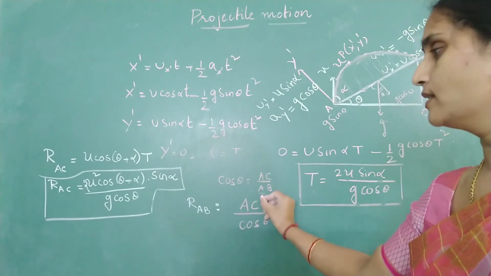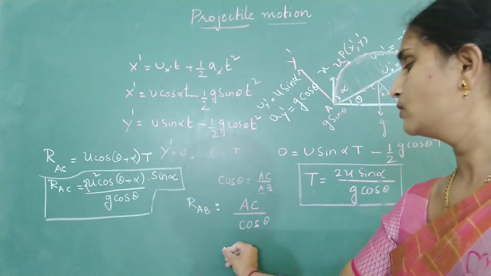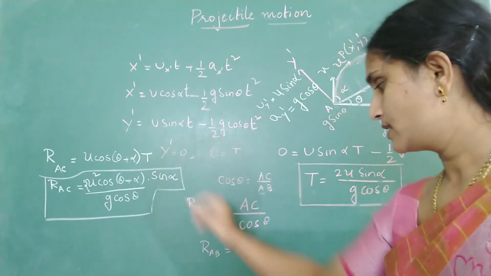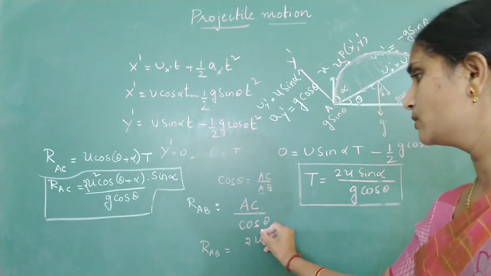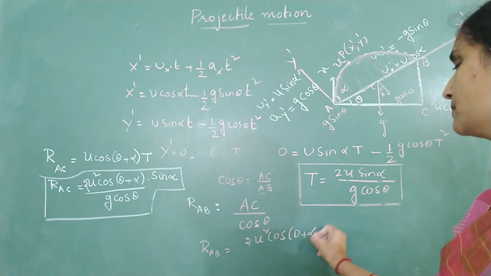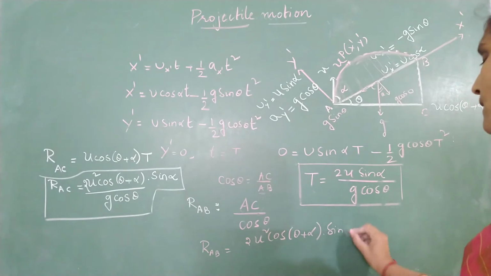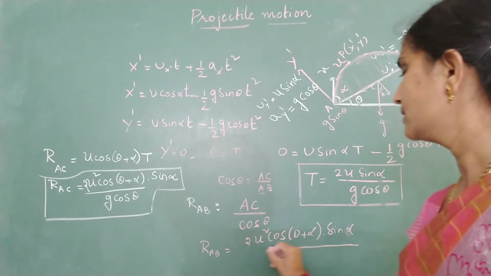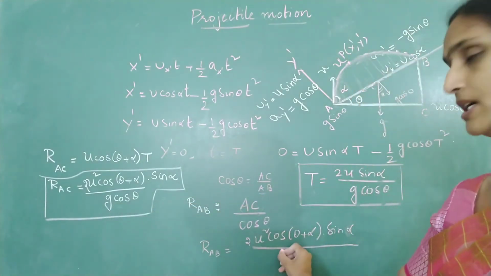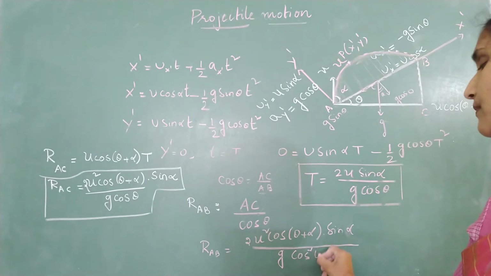Already we have got this range on the horizontal as AC. Put the value. What should be your range? R_AB equals, substituting the values, 2u square cos(theta plus alpha) into sine alpha divided by cos theta. Again you have g cos theta, so it becomes g cos square theta.